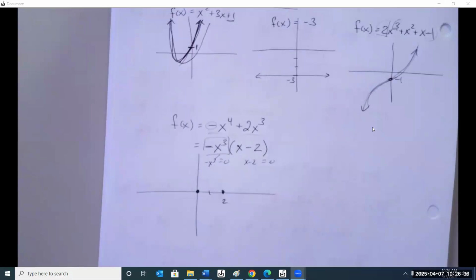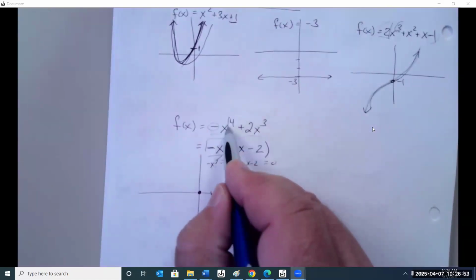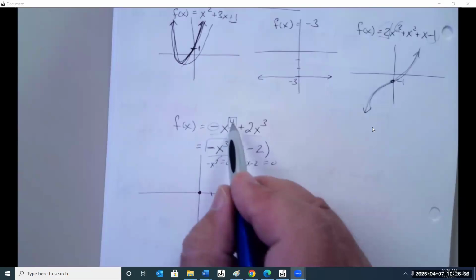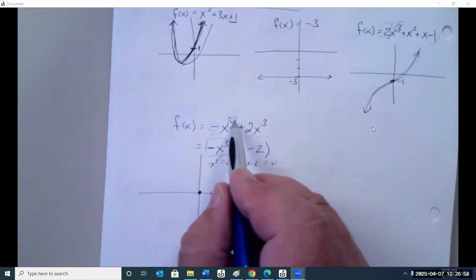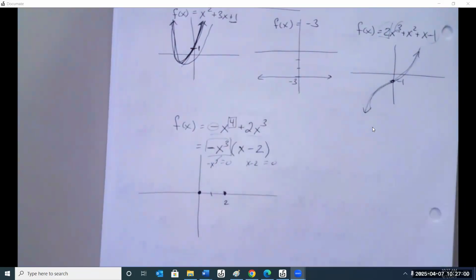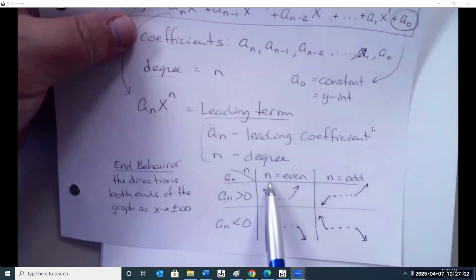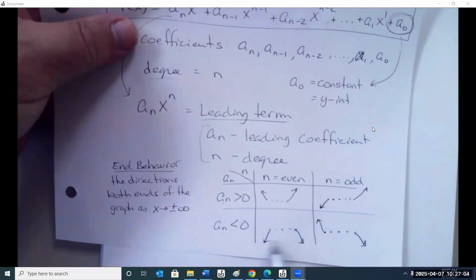What else do I know about the graph? Since these are my only x-intercepts, these are my endpoints. Where does the graph go? Same direction or opposite directions? Why? The degree is 4. If the degree is even, they go the same direction.